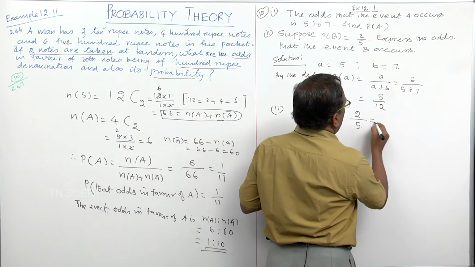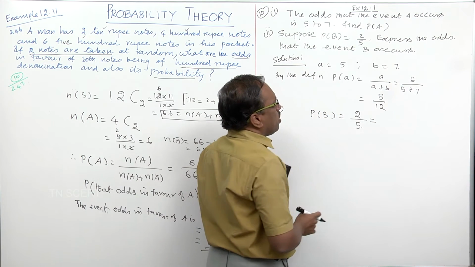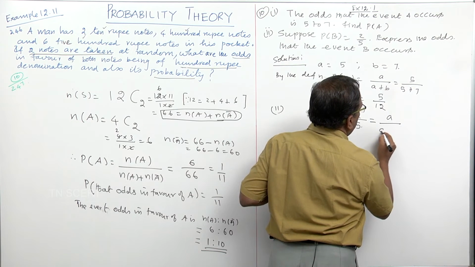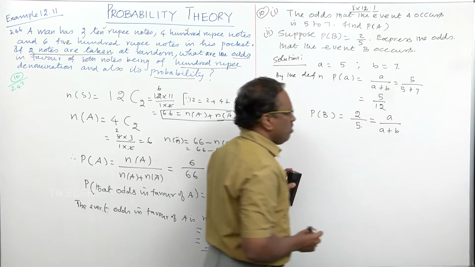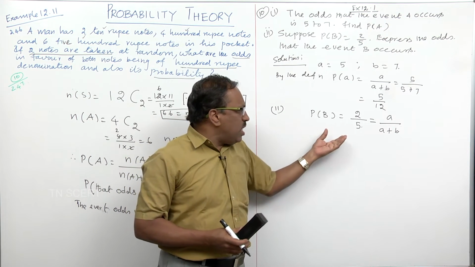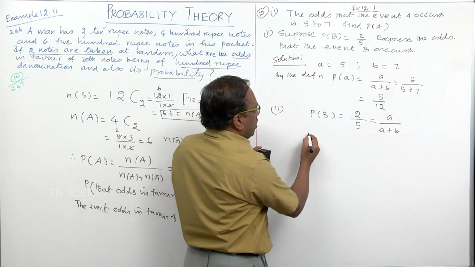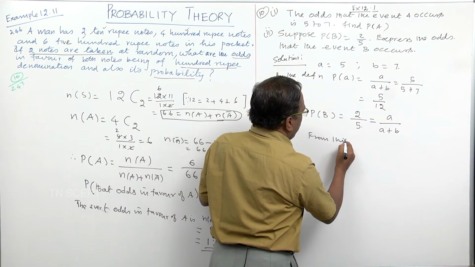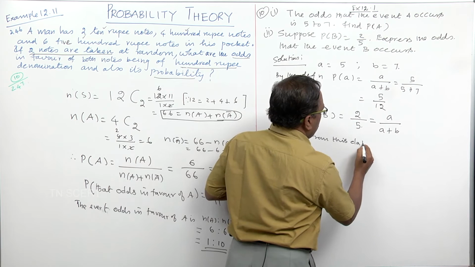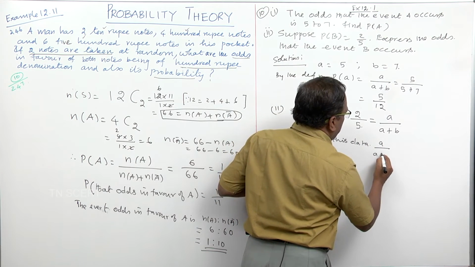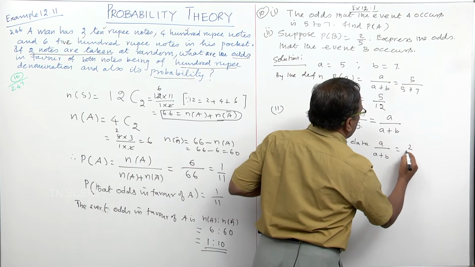P of B is equal to, the same way, A by A plus B. From this data, what do you identify? A by A plus B, which means it is 2 by 5.